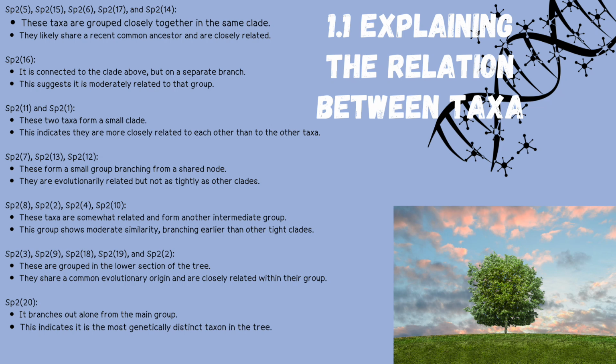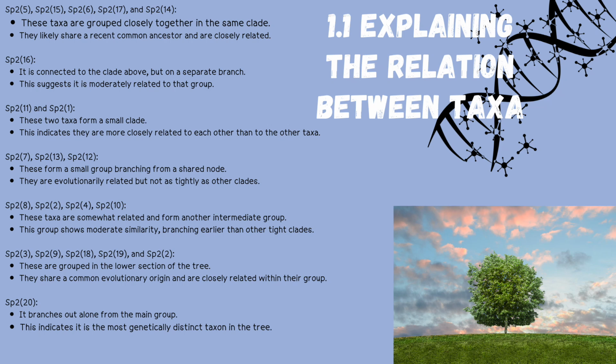sp2 3, sp2 9, sp2 18, sp2 19, and sp2 2. These are grouped in the lower section of the tree. They share a common evolutionary origin and are closely related within the group. sp2 20 is branched out alone from the main group.